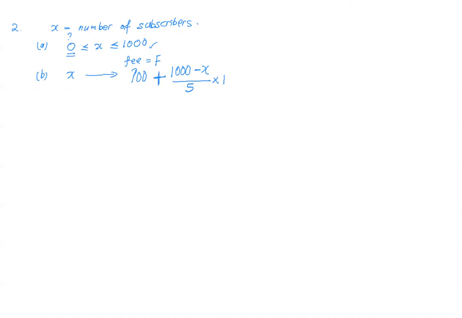Why did I put plus and not minus? Can anyone tell me? This is because you say for every increase, so I have to add, which means my subscribing fee will be more than 100. Then why do I take 1000 minus X over 5?